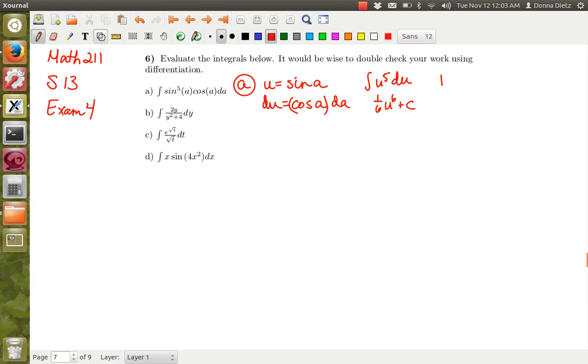Then you put all the pieces back together. And u is sine of a. There we go. B.